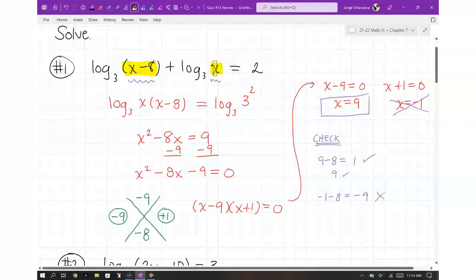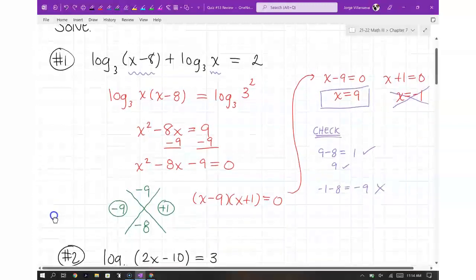You're just plugging in a 9 right there. So it's just a 9. But yeah, you always plug it into the portion inside the log, because the rule is that the log value inside cannot be negative. So when you do your check step, if your answer is negative, that means that it doesn't work.